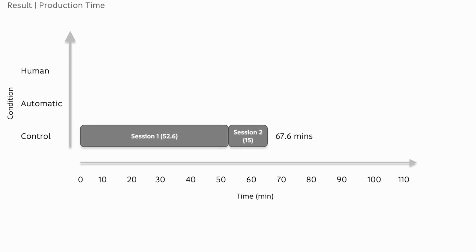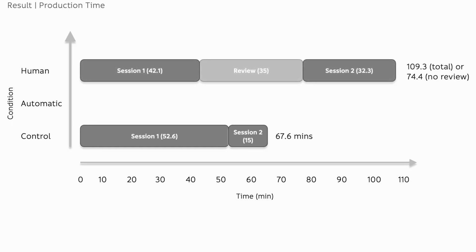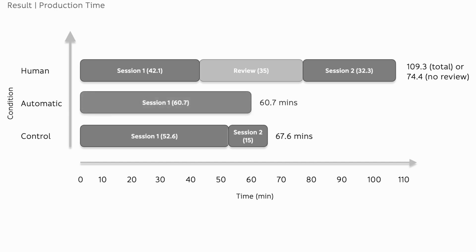In total, participants in the control condition took 67.6 minutes on average, while participants in the human feedback condition took the longest, about 109.3 minutes in total, including the reviewing time. In the automated feedback condition, the participants took on average 60.7 minutes, which also showed a reduction of 45% of production time compared to the participants in the human feedback condition.